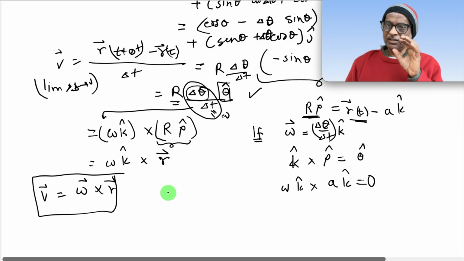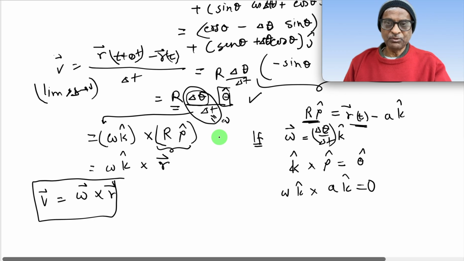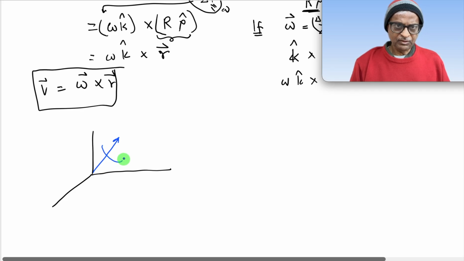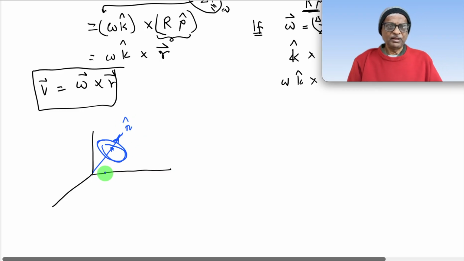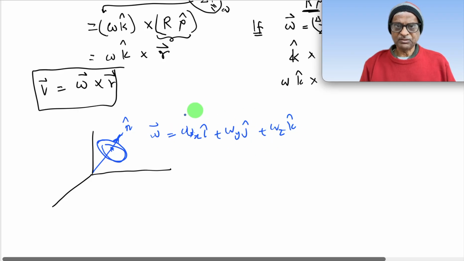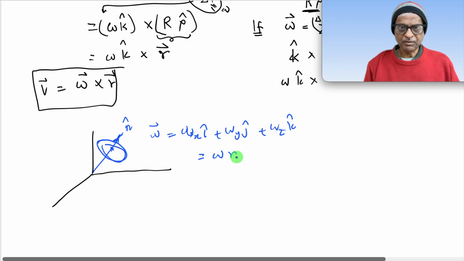So this is a very general result, and rather than using this example, I could have done a really general case. For the next example, if you want to work it out, say something is rotating around an arbitrary direction, say n hat, which you have to specify, and this time omega will not be just omega z but omega x i hat plus omega y j hat plus omega z k hat, or omega n hat.